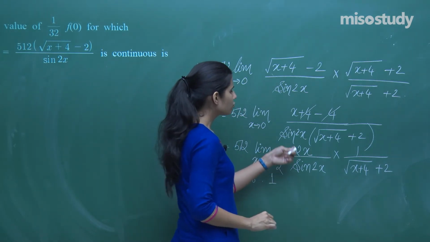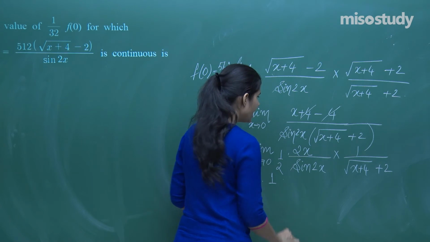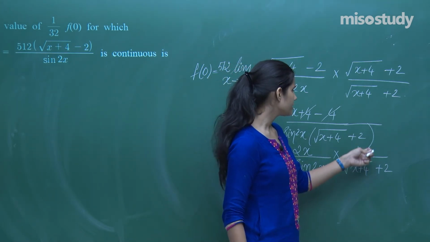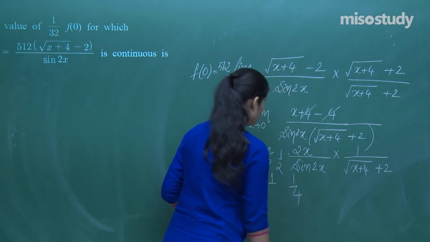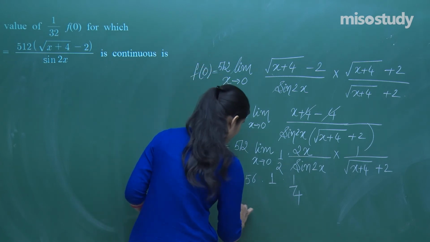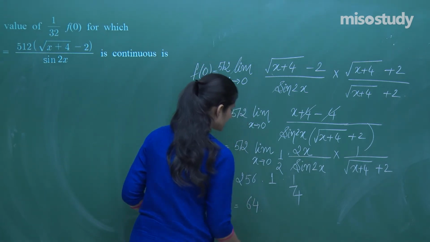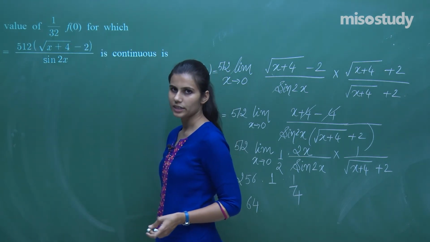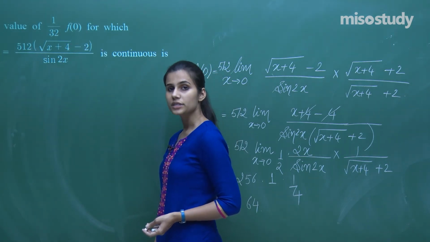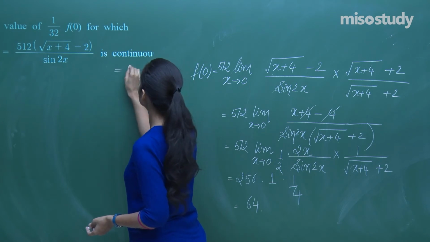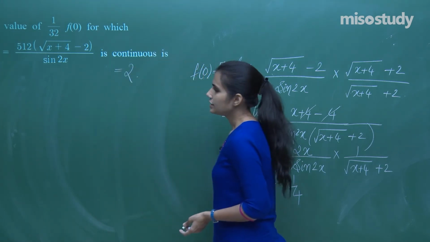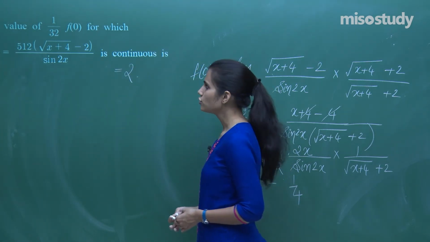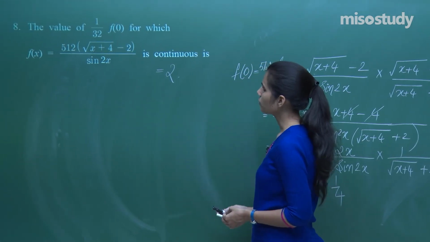Limit x tends to 0, 2x by sine 2x is 1, and limit x tends to 0, if you put it over here, this is 1 by 4. So you get what? 64. f of 0 is 64, so 1 by 32 times f of 0 is 1 by 32 into 64, which is 2. So the integer associated to this question is 2. 32 into 2 is 64.